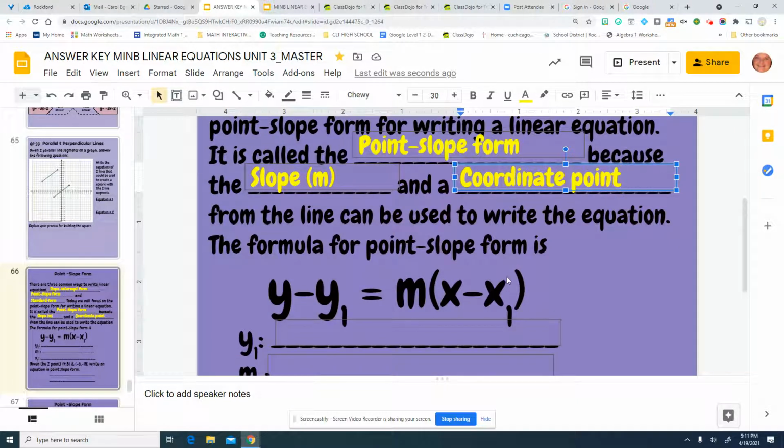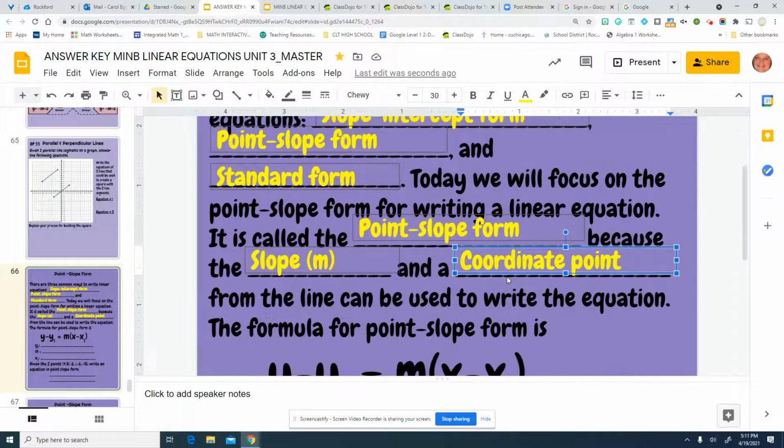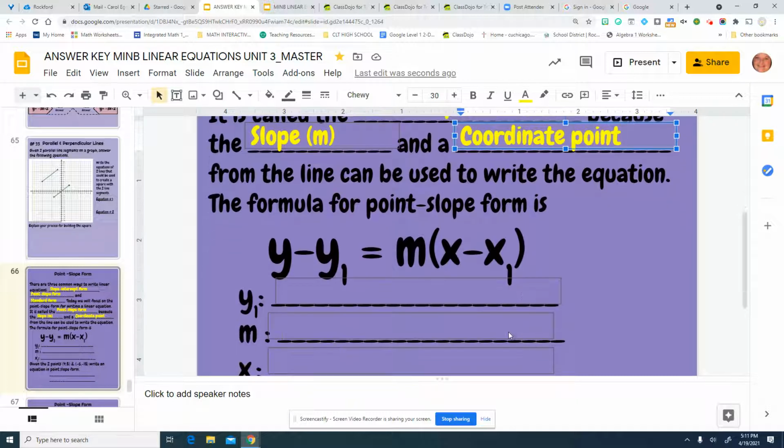So what does this formula look like? We know that slope-intercept form looks like y equals mx plus b. Hopefully we've imprinted that on our brain already. And now we're going to talk about the point slope formula, which is y minus y sub 1 equals m times the difference of x minus x sub 1.